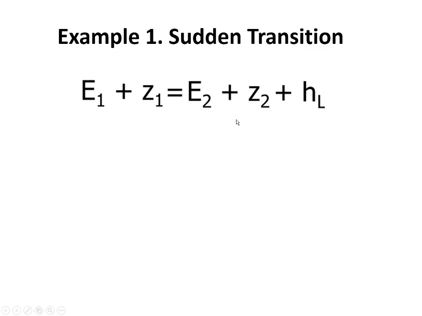Therefore, in the examples that we are going to solve in today's lesson, we will use this equation or its simplified forms based on the information given in each example.